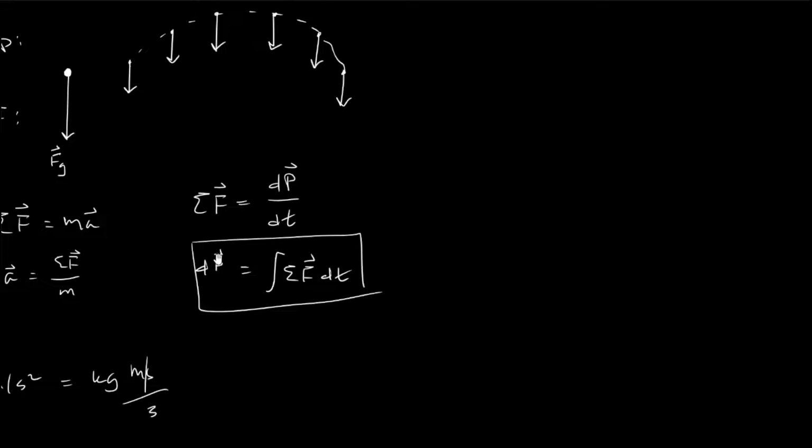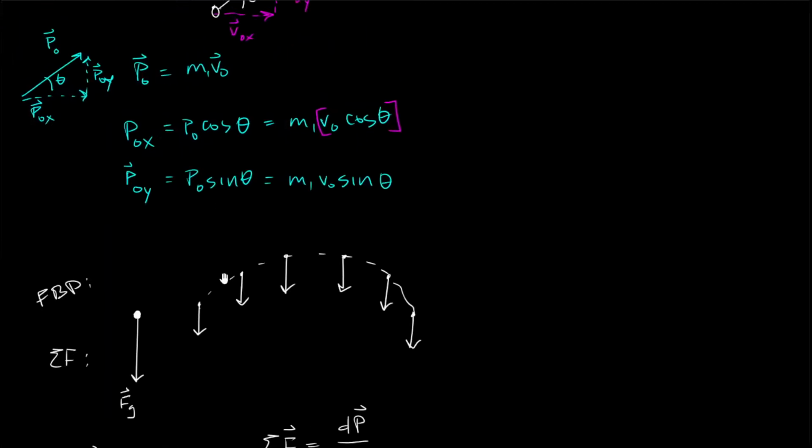So the direction of our change in momentum will always be in the vertical direction, meaning our horizontal momentum is constant. There's no change in momentum in the horizontal direction. And any change in momentum we experience will be a change in the vertical direction.